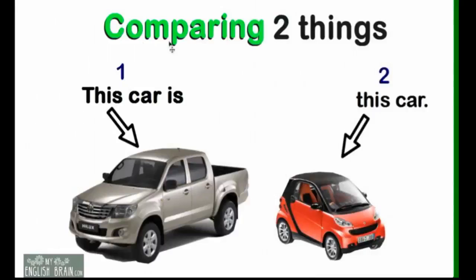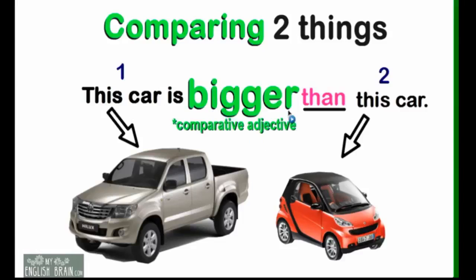When we are comparing two things, for example, car number 1 and car number 2, we use comparative adjectives. For example, this car is bigger than this car. Bigger is a comparative adjective. It's comparing this car and this car.